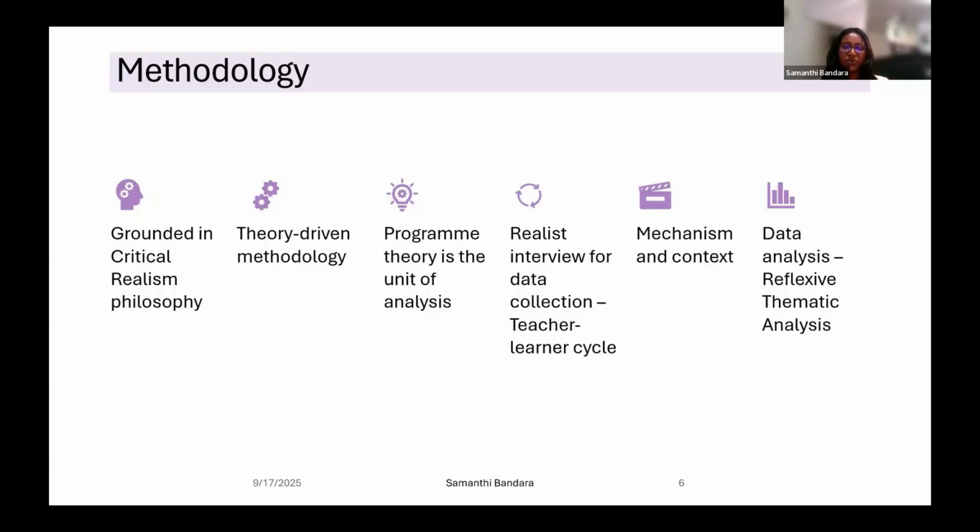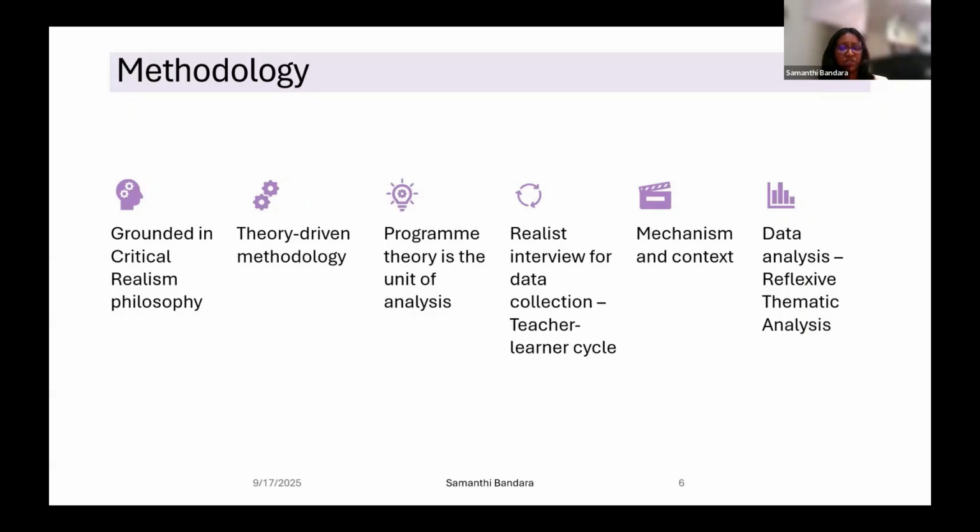The mechanisms and this methodology uses mechanisms and context as the major components. Realist evaluation seeks to uncover the underlying mechanisms that produce outcomes.